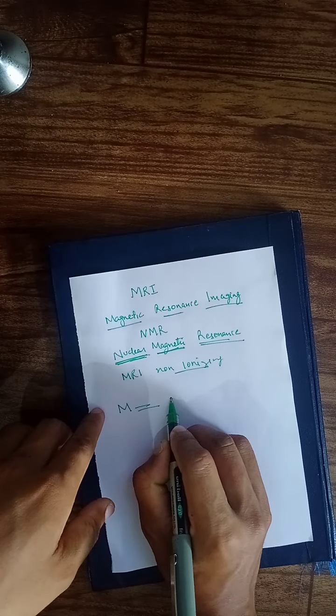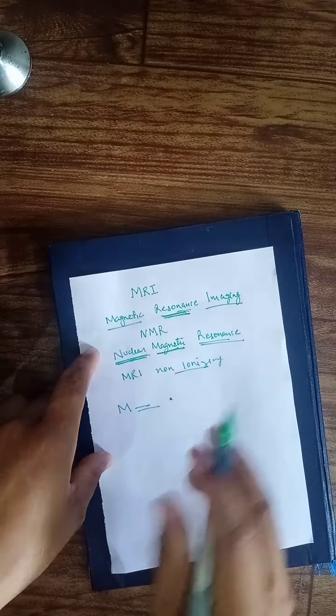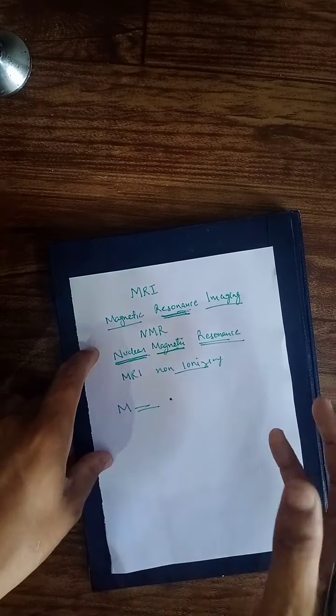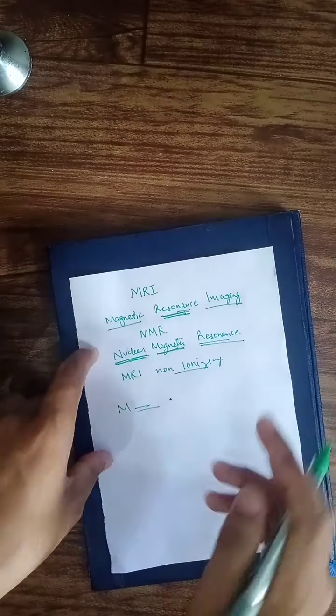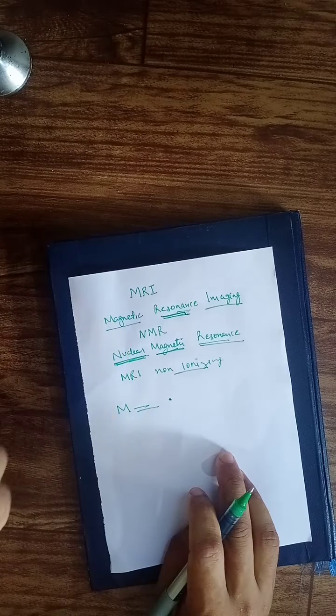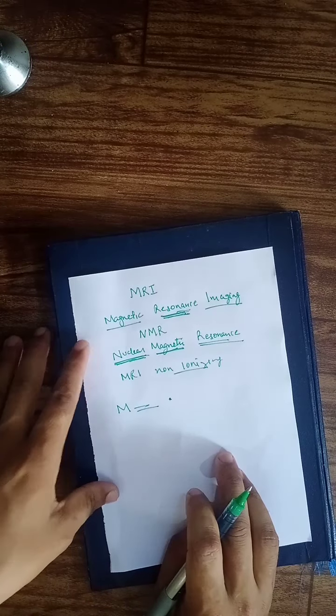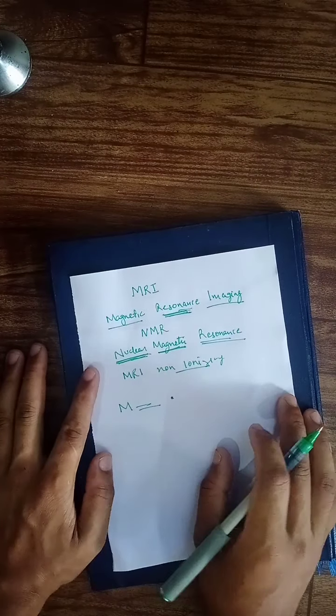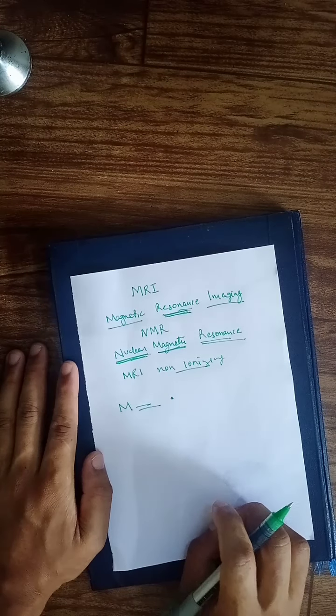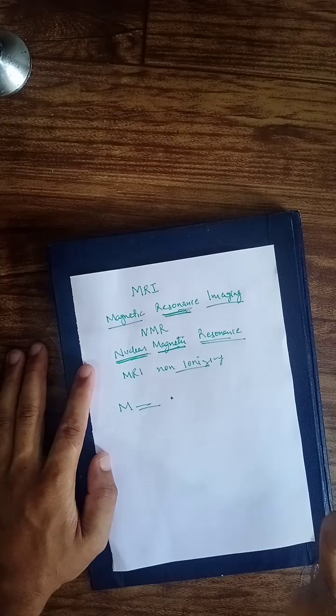And resonance I'll come into detail about later, when we go further into this topic. And imaging, as you know, we're going to do imaging of all the internal structures. They are very good for soft tissues. So now let's discuss a bit about the basic principle of MRI, how exactly things go on.